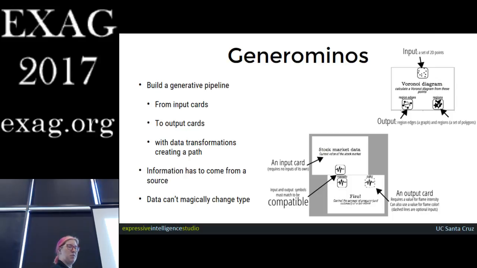Information has to come from a source, no magical information, although if there's a number, you can always say random number generator. And data can't magically change type. So you can't have information that goes from a number to a 3D model, because you have to have some way to convert a number to a 3D model. And you might have a card that says convert a number to a 3D model. That's cool.